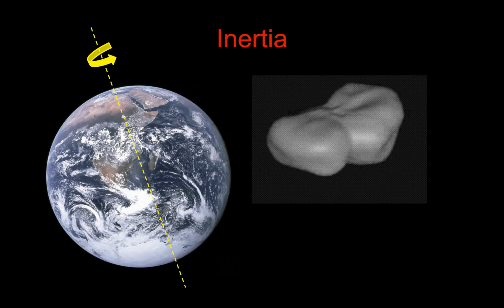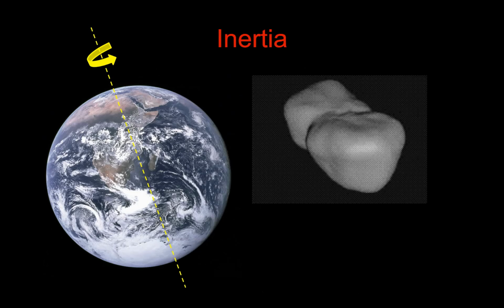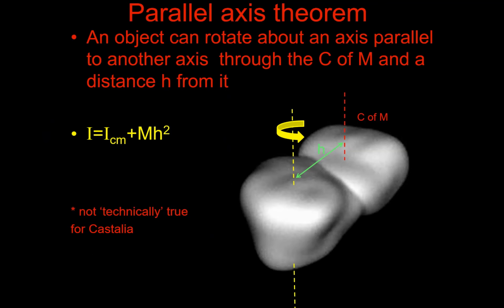More complicated are things like asteroids that we just saw, peanut-shaped weird objects, and in those cases where we're looking at something like that rotating around, you have to look at two centers of mass, and you have to say, well, I is equal to I_CM, the inertia of the center of mass, plus some correction for the mass times h, the distance between these two axes, squared.